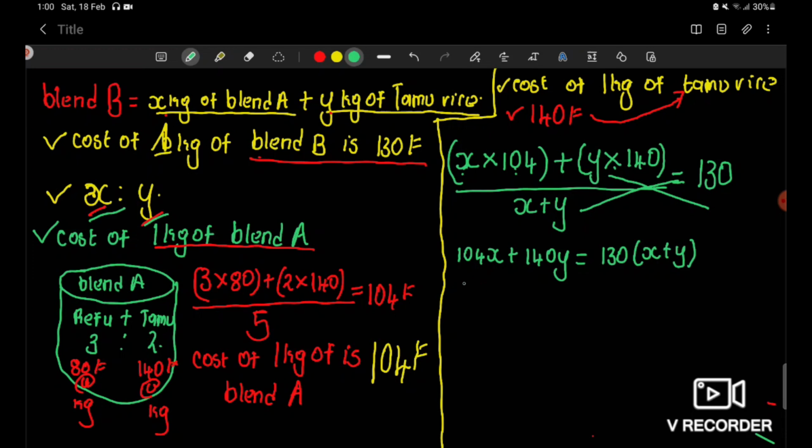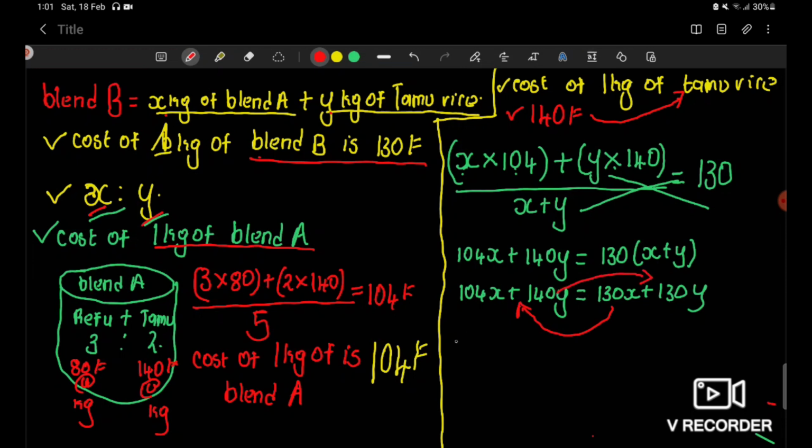So you will have 104x plus 140y is equals to 130x plus 130y. Let us bring like terms together. We can take 130 to this side. We can take 140 to the other side.